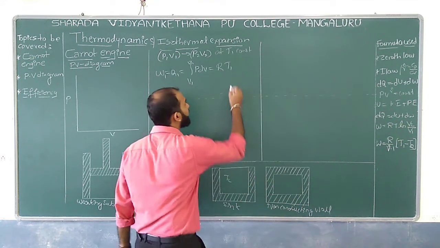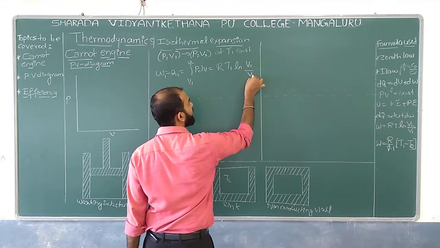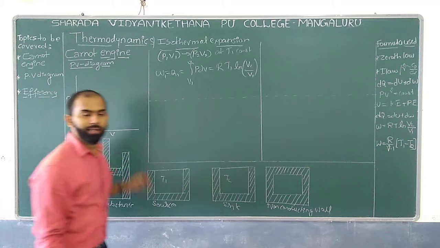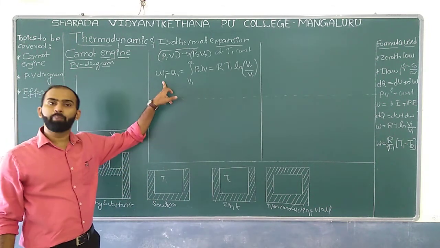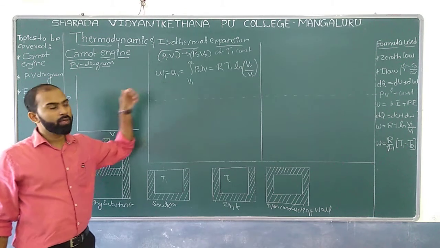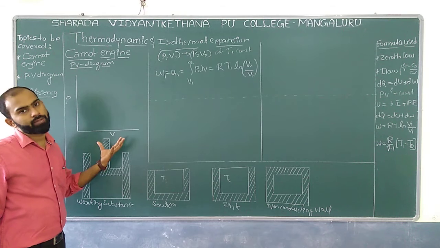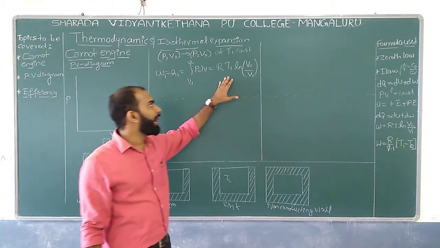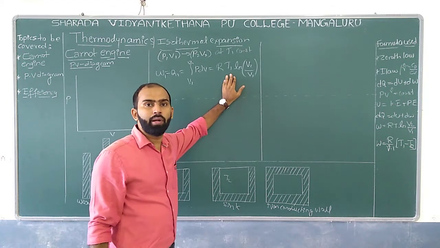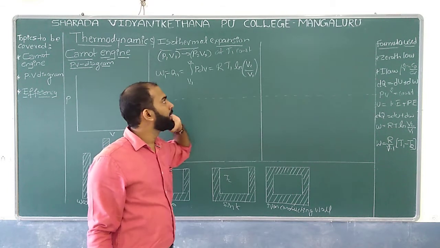So this is called ln of V2 divided by V1, which means here work is done by the system, so that this work done is positive over here. Are you getting it? So work is done by the system in the sense that the piston is moving in the upward direction. Understood? Well, so this is what exactly we can have. T1 represents what over here? It is the temperature, and V2 by V1.